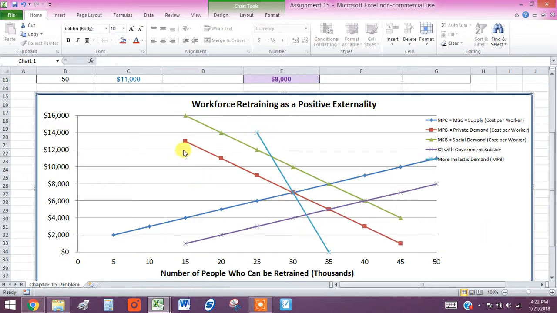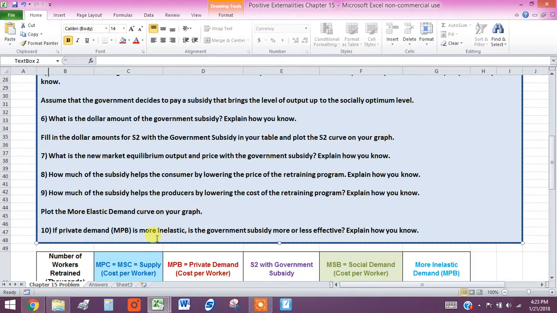Our marginal private benefit right here is fairly elastic. This is relatively inelastic. Now, what does that change? The question we're trying to answer is, if private demand or marginal private benefit is more inelastic, is the government subsidy more or less effective?